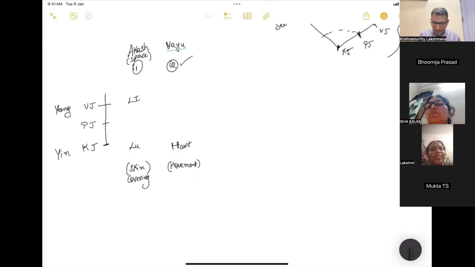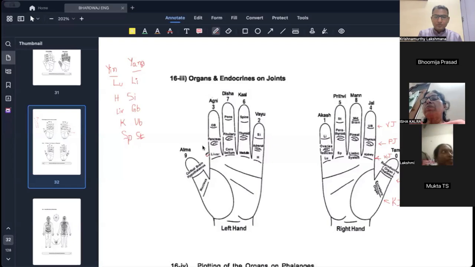They are in different fingers, finger number 1 and finger number 2. They start off representing space and movement, but get associated with kapha, which does not represent either of that. That is the dissociation.